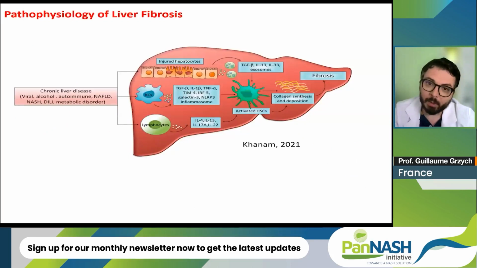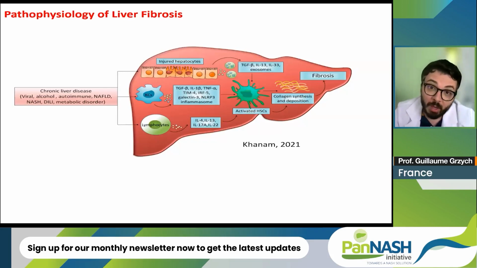So at the beginning, we have to focus on the pathophysiology. To be able to choose the good biomarker, it is necessary to know the pathophysiology. For liver fibrosis, the etiology can be variable, multiple. You could have chronic liver disease related to virus, to alcohol, to autoimmune disease, and also to NAFLD.